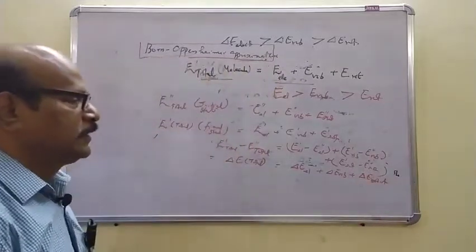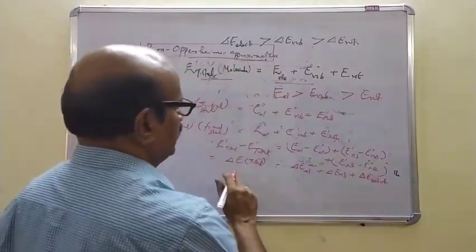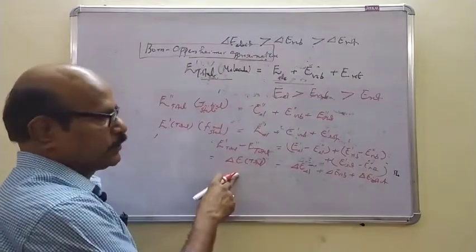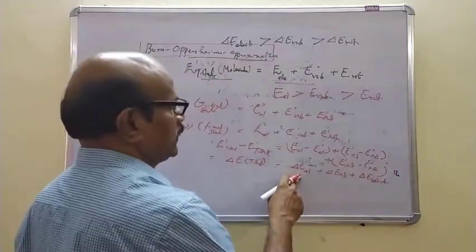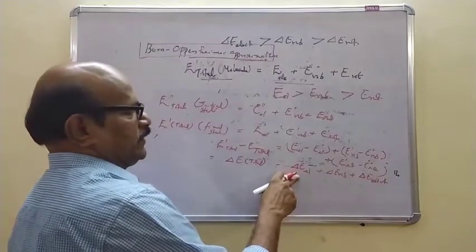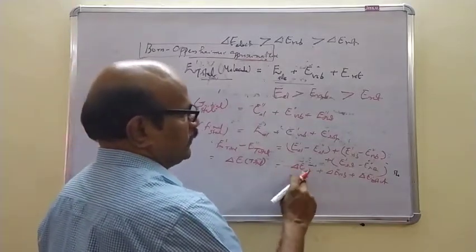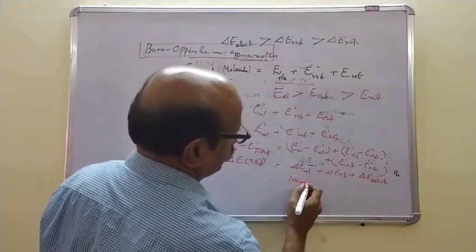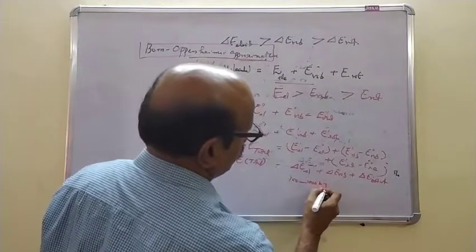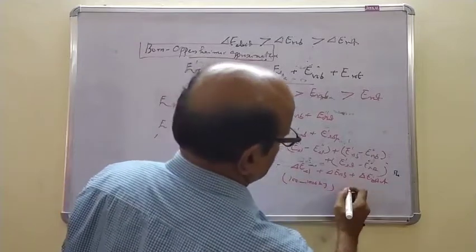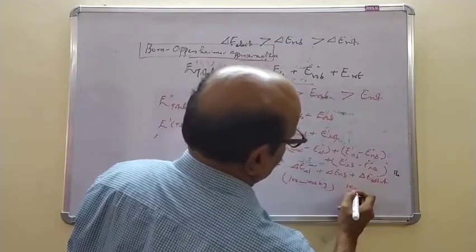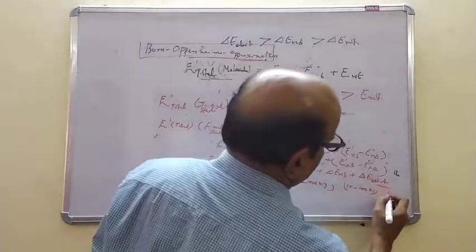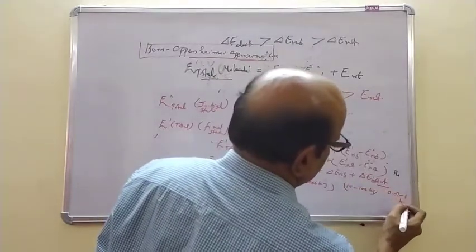As I have already mentioned, the total energy change of the molecule is the sum of the spacings between the electronic, vibrational and rotational levels. The electronic is of the order of 100 to 1000 kilojoules per mole, the vibrational is about 10 to 100 kilojoules per mole, and the rotational is about 0.01 to 1 kilojoule per mole.